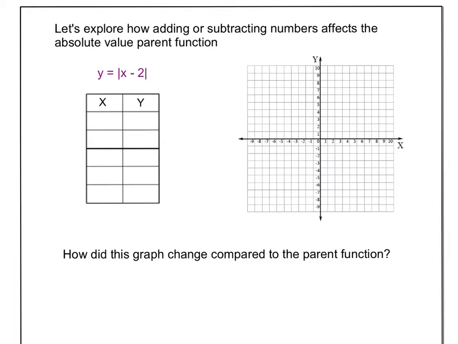Can you guess what's going to happen when we have an x -2 inside the absolute value? Let's guess. Or experiment. In this case, we want these numbers, so we end up on our graph. Substitute them in and finish off your table.